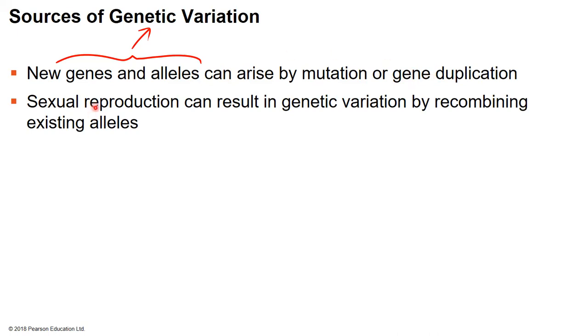Also, we know that sexual reproduction can result in genetic variation by recombining different alleles, but these alleles are already found in the population. But a population might have new genes or new alleles introduced into its gene pool by mutations or gene duplication. Okay.